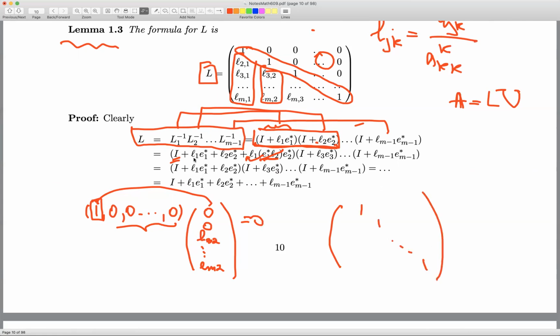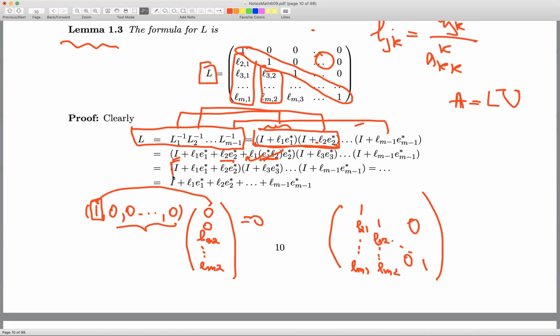If we look at the first product, I will have the identity matrix and so on. Then L1 E1 star will populate the first column of the resulting matrix. So I will have here L21 and so on, LM1. Then L2 E2 star will populate the second column. So here I will have L32, and so on, LM2, and everywhere else will be 0.